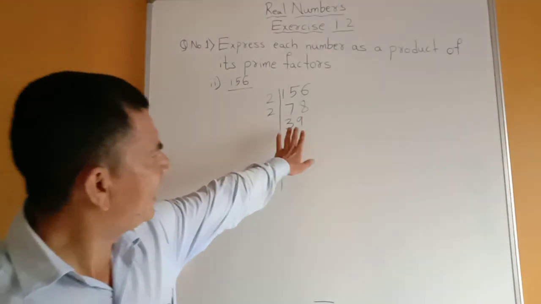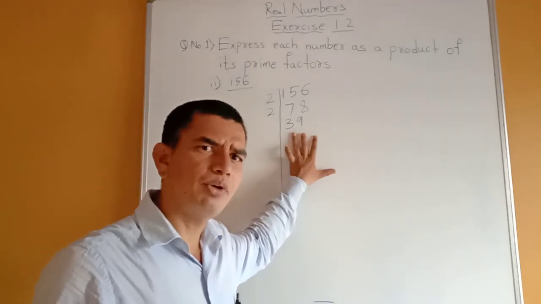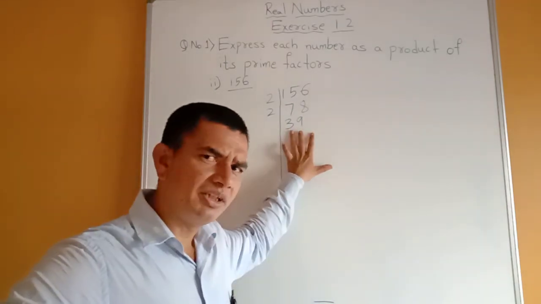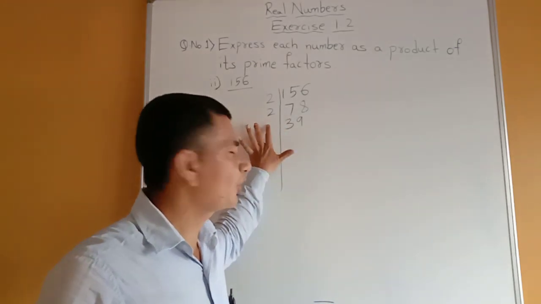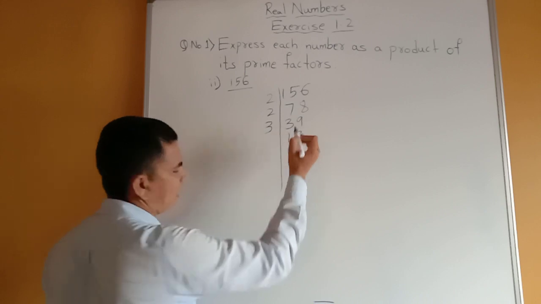Now is it there in the 2 table? No, it is not. So what do we have to take? We have to go for the next number, that is 3. Is it there in the 3 table? 39 is there in the 3 table. So you can divide by 3. 3 ones are, 3 threes are.